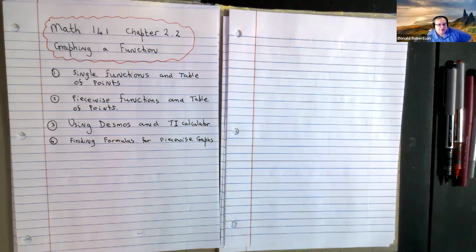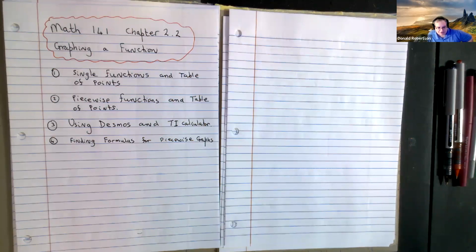Single function, and how you can do sketches and graph them by finding a table of coordinate points. That's very simple, really, unless you try and make it difficult for yourself. Those types of questions, for the most part, are going to be pretty easy to do, and we'll do those.